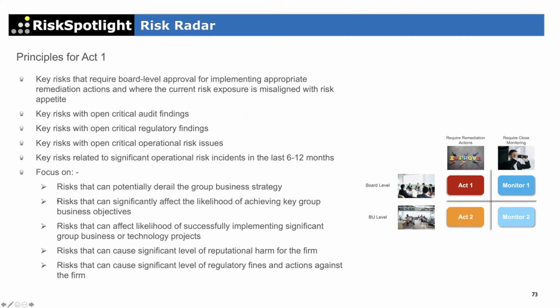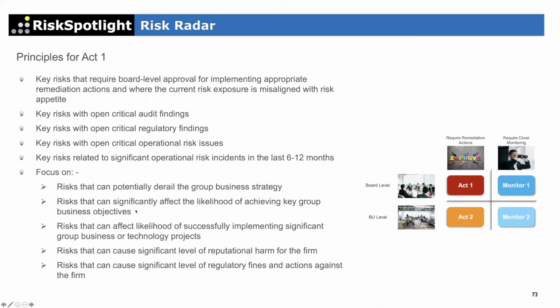And then what you want to do is focus on the risks. So that's where I've given some additional criteria: risks that can potentially derail the group business strategy, because those are the risks the board would be very keen to hear about. Are there any risks where, if they were to materialize in the next 6 to 12 months, it can derail the strategy we're trying to execute at the group level? Then risks that can significantly affect the likelihood of achieving any key business objectives.